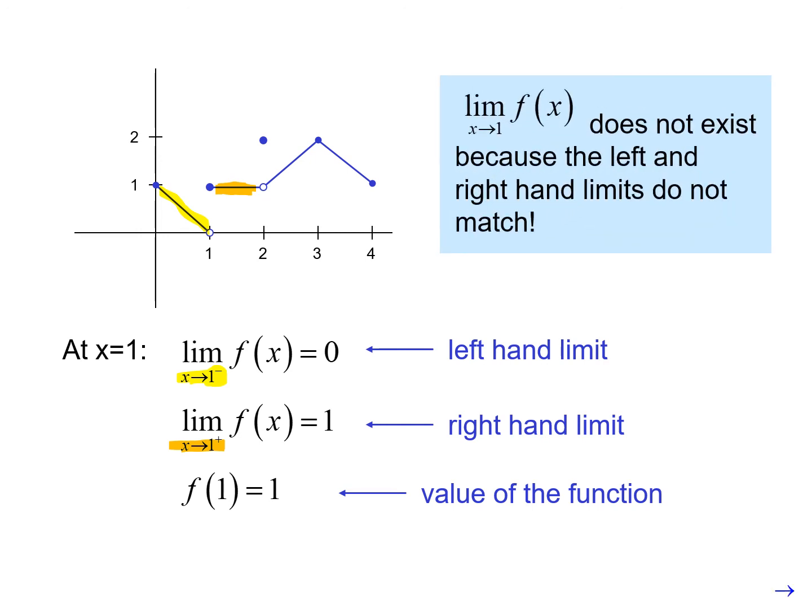But again, the limit does not exist because the left and right hand limits do not match. If you notice, we got 0 for the left-hand limit and 1 for the right-hand limit, and those are not equal. So therefore, the limit as x approaches 1 does not exist. Again, we still have a value of the function, but we don't have a limit.